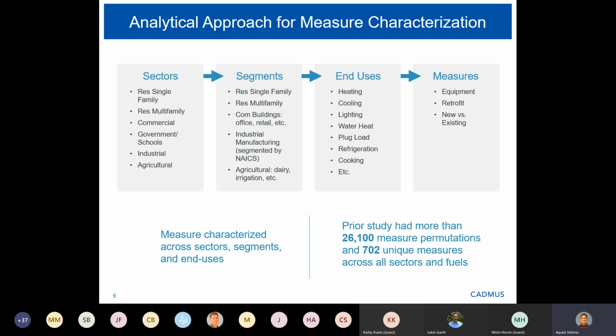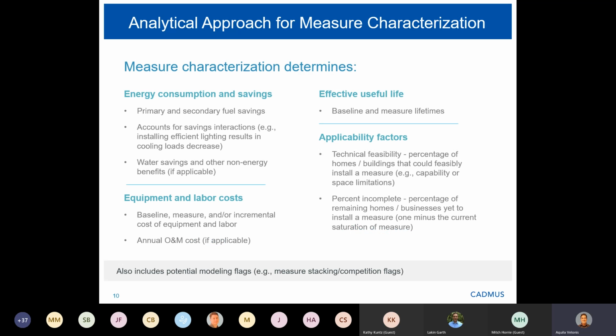To put this into context, the prior study had more than 26,000 measure permutations, and each permutation has something different about it. There might be differences in savings because there's a difference between the segment. For example, a single family versus multifamily, the savings values could be different for a particular measure. There's also going to be differences between vintage and of course by end use. So ultimately it ends up being a pretty robust engineering process. I just wanted to note that.